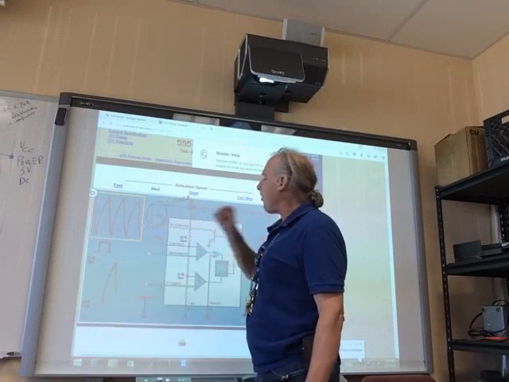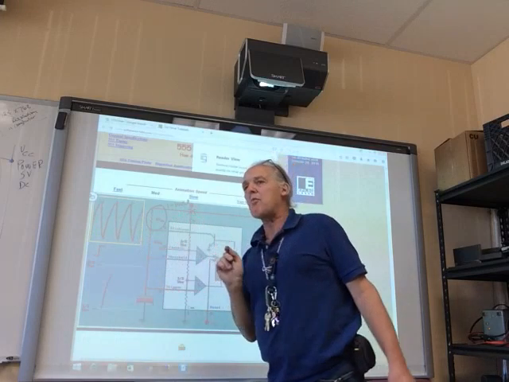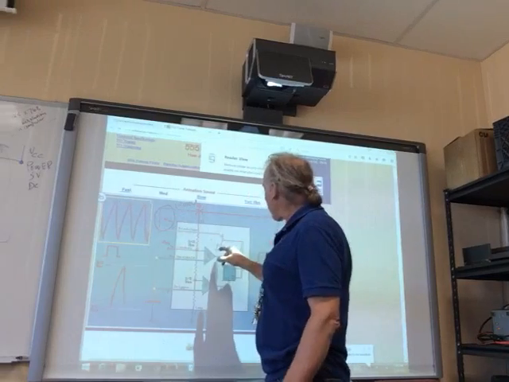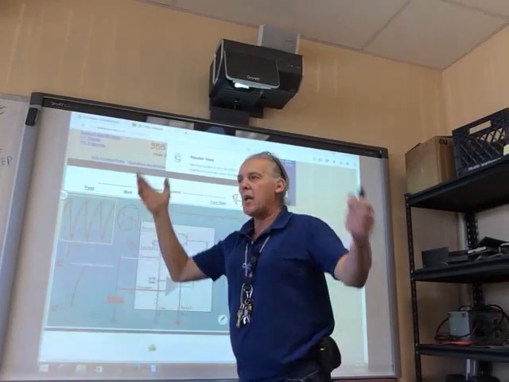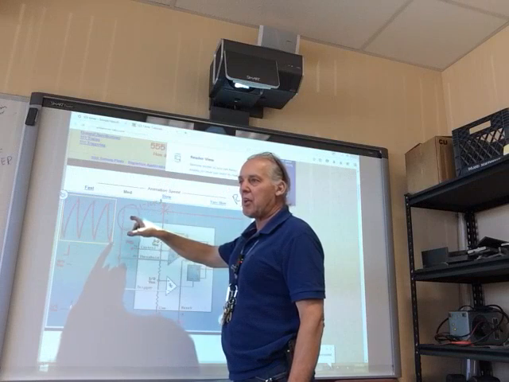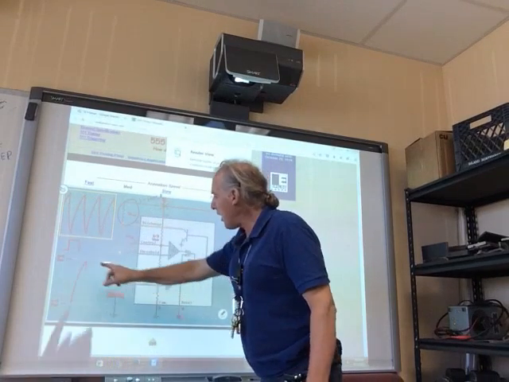That resistor limits the current from the power supply, because if we didn't have that resistor in, it would short out the ground, and that would cause the power supply to go to ground and blow a fuse. So we have to have a big enough resistor there so that it doesn't blow the power supply, okay? When it does that, it does this.